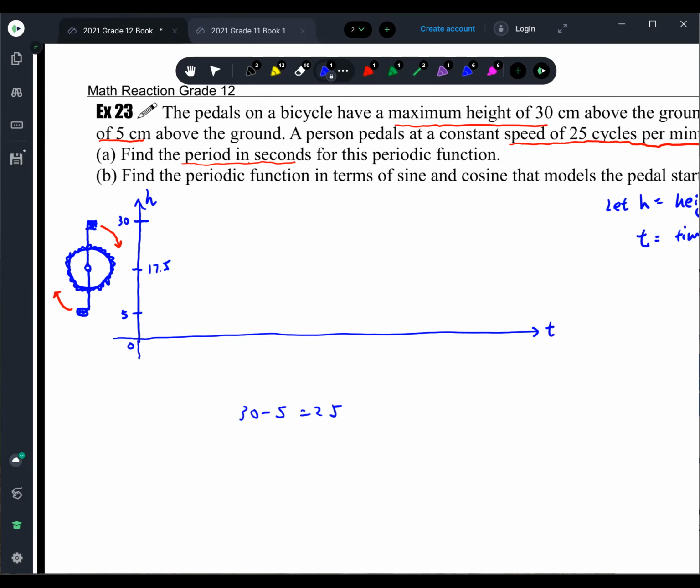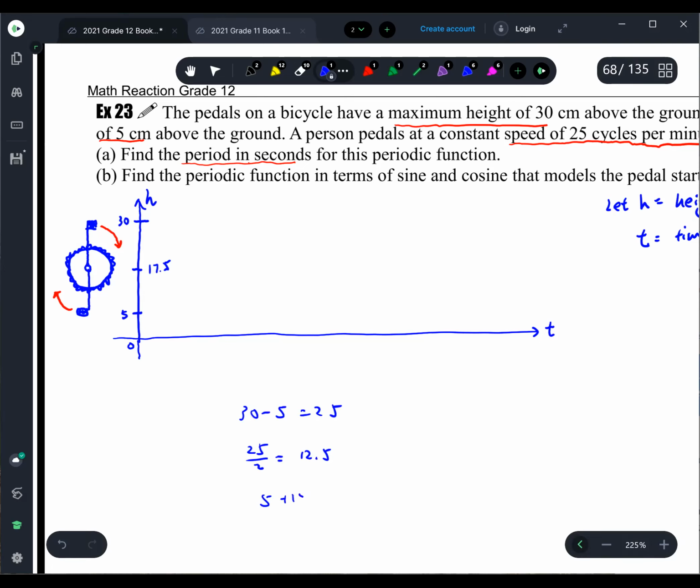So 30 minus 5 is 25, and then 25 divided by 2 is what? 12.5. 12.5, and then what did you do? And then I added 5 to it. Okay, add a 5 to it. So 5 plus 12.5 equals 17.5. Yeah, so that works very good. So you find the total distance, that's 25. You cut it in half.